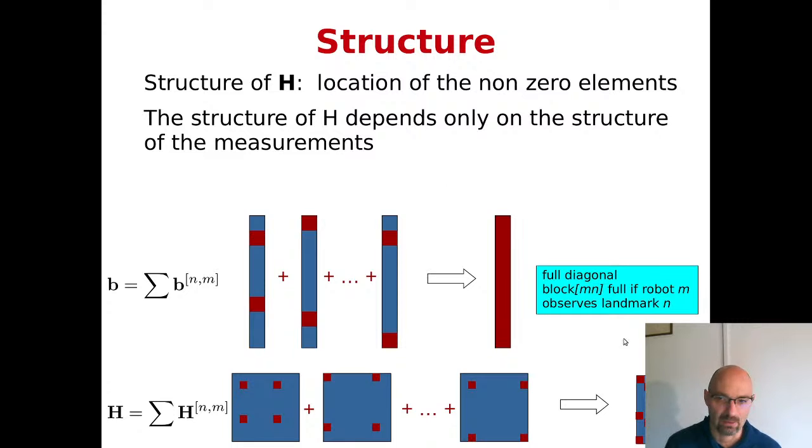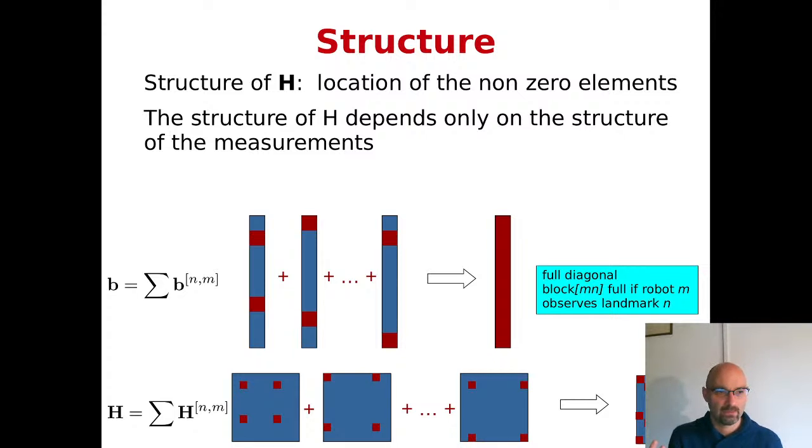Otherwise, they are not present in the problem we want to optimize. But each single measurement will give us a contribution on only one single block. And on which block will it be giving our contribution? Well, on the block that corresponds to the intersection between row and column of the observing robot and observed landmark.